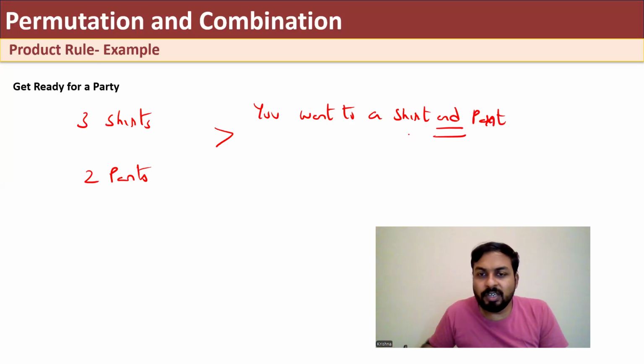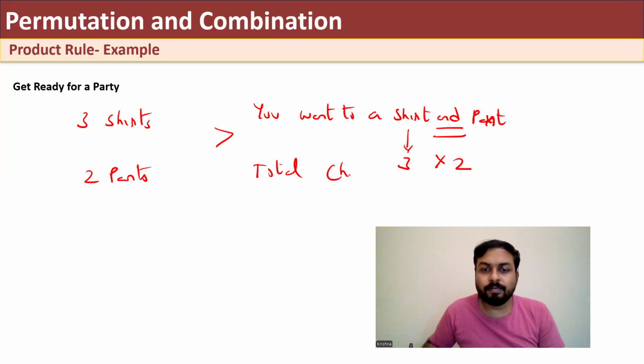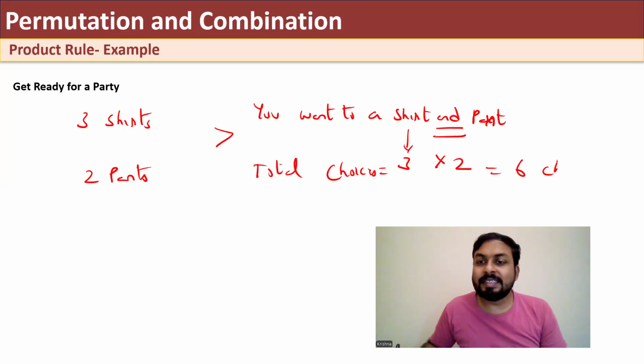How many choices of shirt do you have? Three. And you have to wear any one of the two pants. So 3 into 2, that many choices you have. You have six choices.